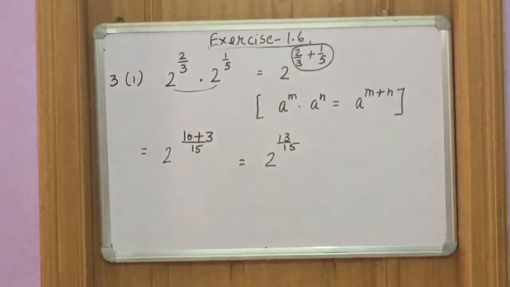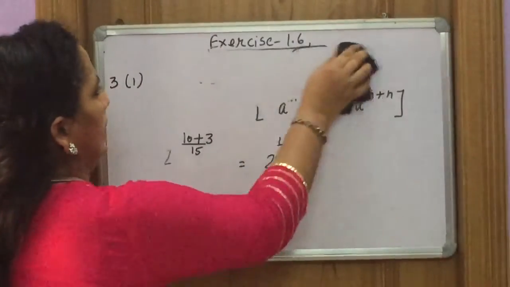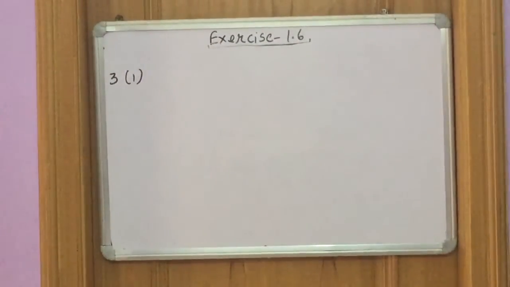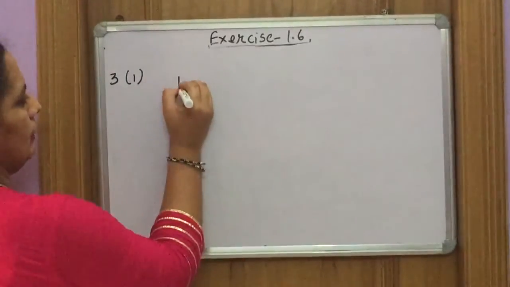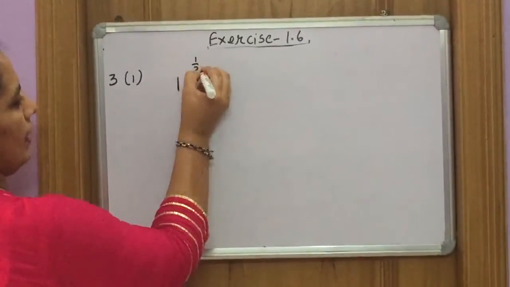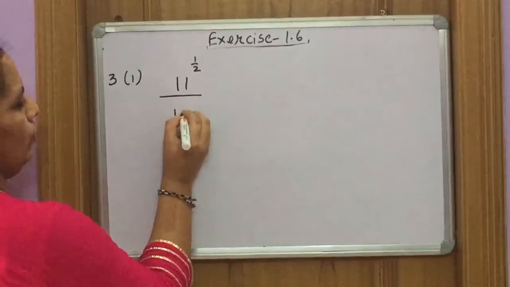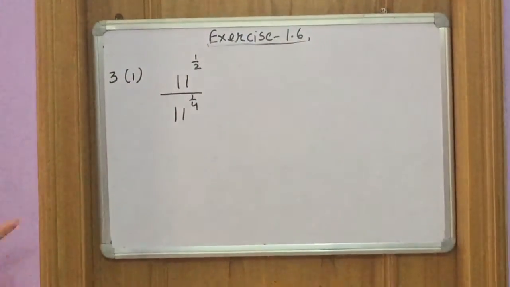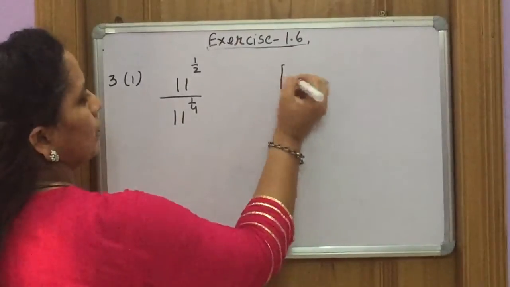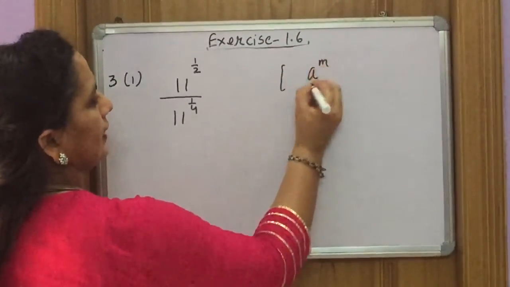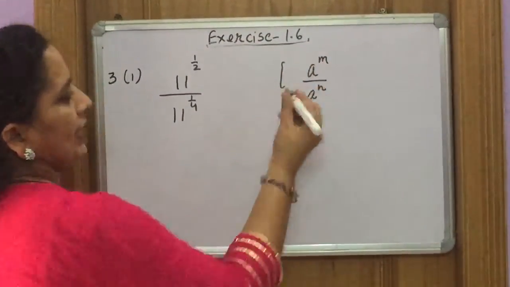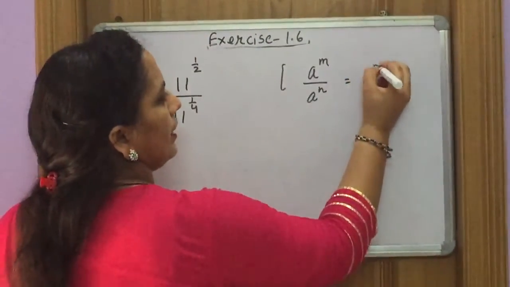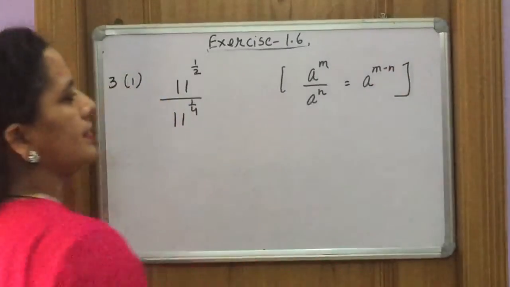Next is, if we have term like this 11 raised to power 1 by 2 divided by 11 raised to power 1 by 4. Again we can use here a law of exponent. If we have a term like this, where base is same, so we can write this as a raised to power m minus n.